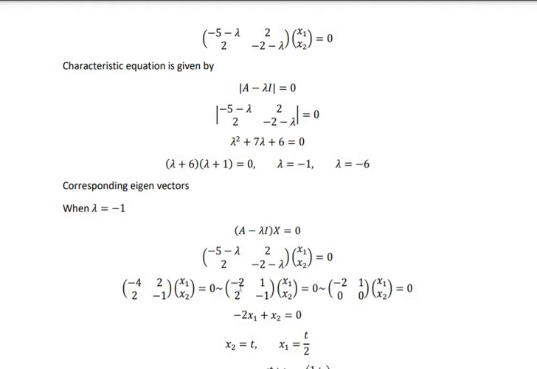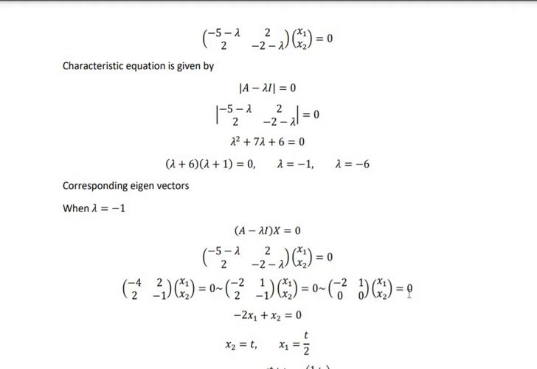So that is minus 2, 1 and 2, minus 1, times x1, x2, equal to 0. Again you are going to make it echelon form, so you have to make this 2 as 0. You do the elementary row transformation and you will get minus 2, 1, 0, 0 times x1, x2.